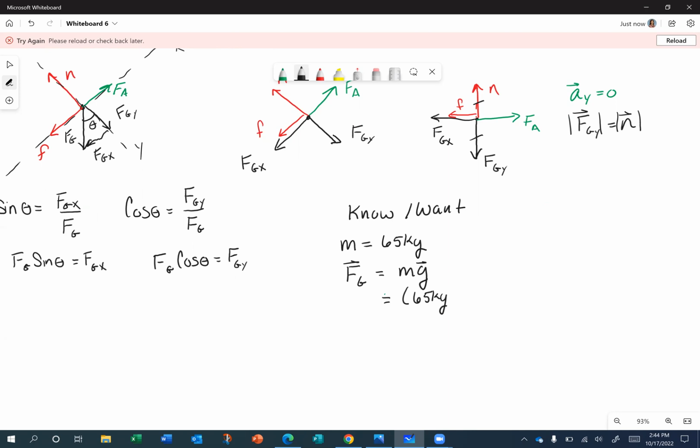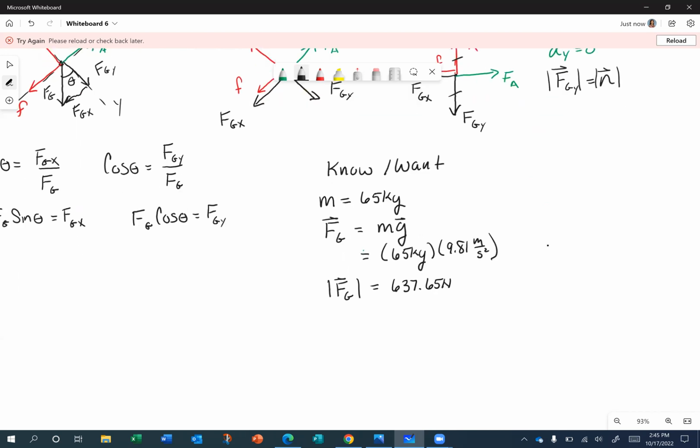If it was in grams, we would want to change that. Times 9.81 meters per second squared. So we get the force of gravity, magnitude, equal to 637.65 newtons. The vector of that would be that that's acting straight down, right?